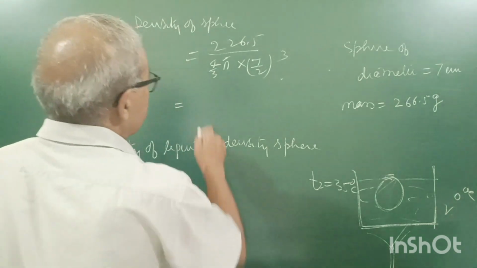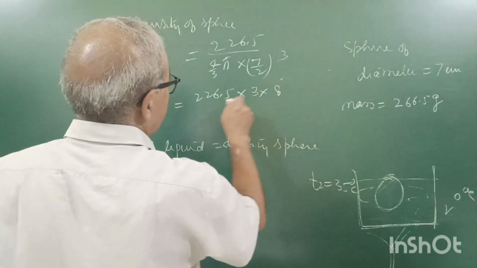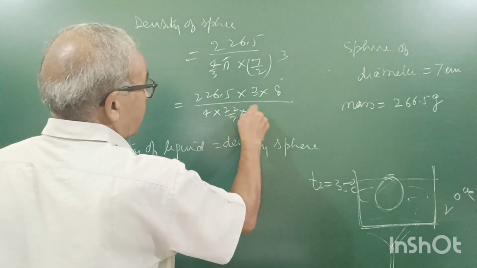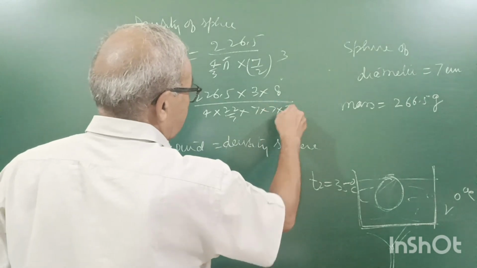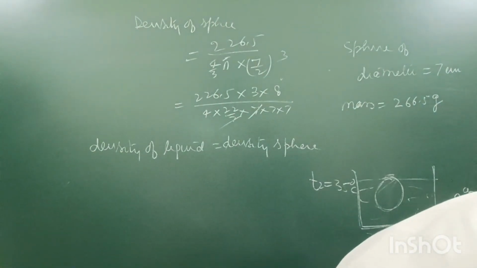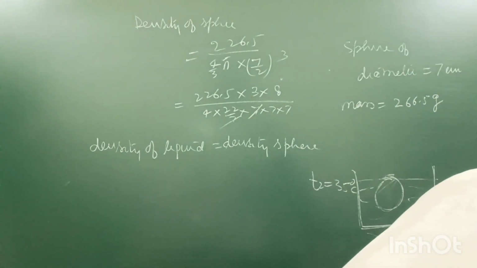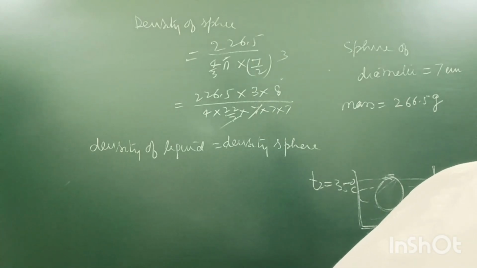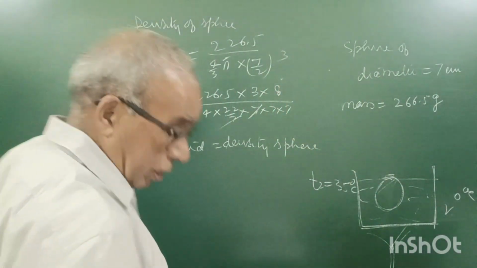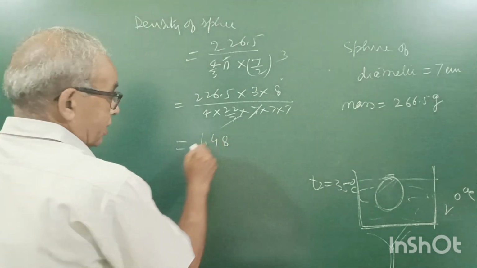It comes out to be 266.5 into 3 into 8 upon 4 pi, 22 upon 7 into 7 into 7 into 7, just for easiness. And this density comes out to be 1.48.